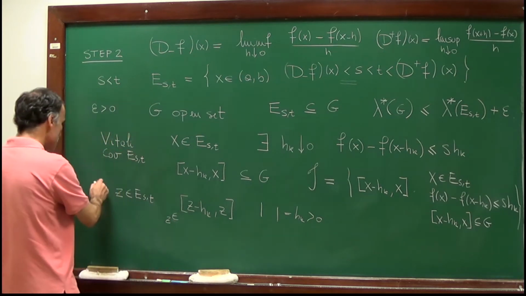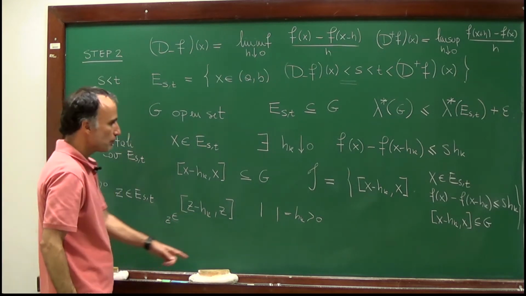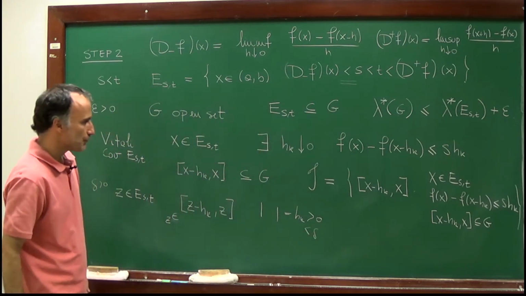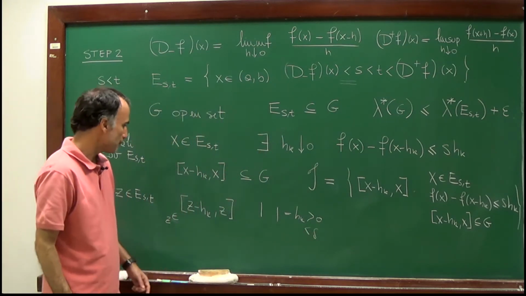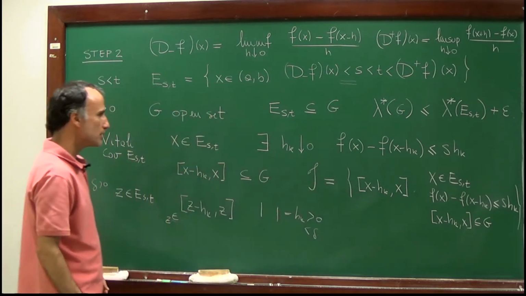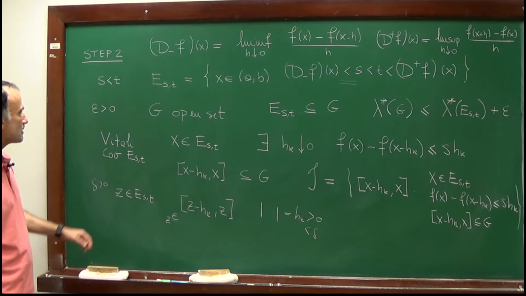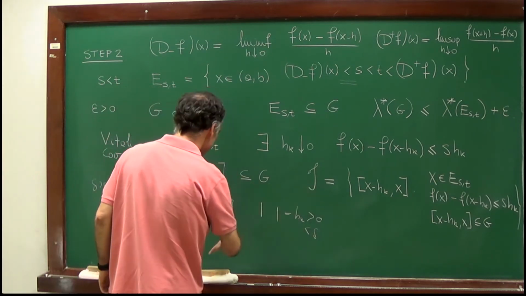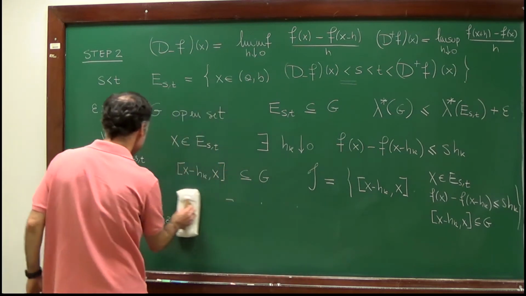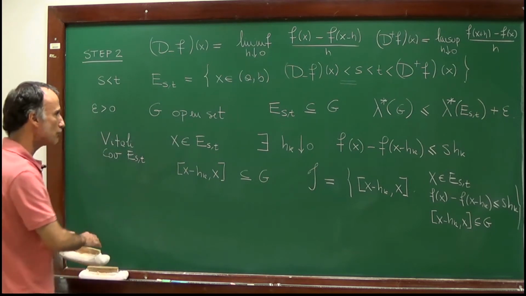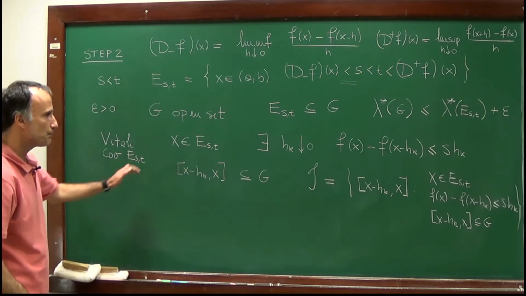So if I fix also a delta positive, for k sufficiently large, this interval has a length smaller than delta, and therefore this family of intervals forms indeed a Vitali covering of my set E_s. Okay? So this shows that this family I is a Vitali covering of my set E_s.